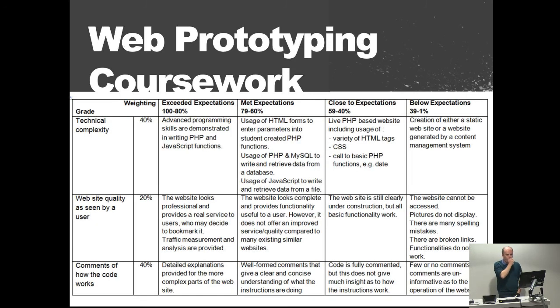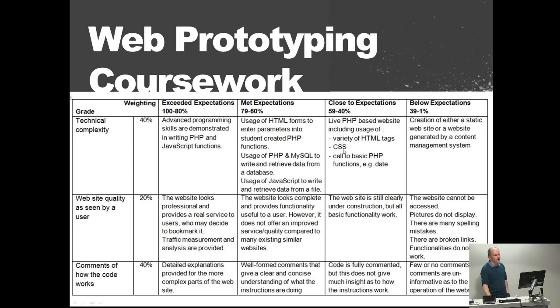So for each of those 3 categories, I give you some descriptions about what is expected to get what mark. For example, if your page is static, or if you created it using WordPress, every year there are some people creating using WordPress, so obviously you will fail.